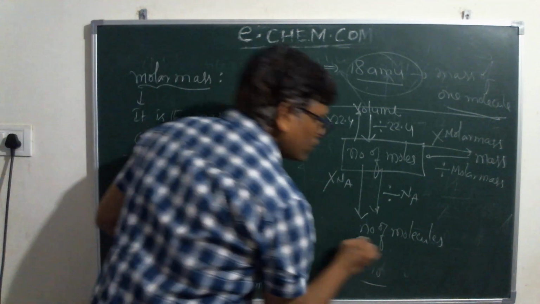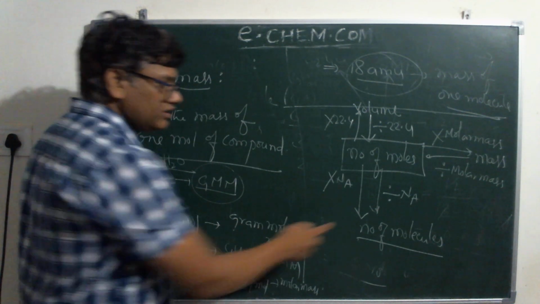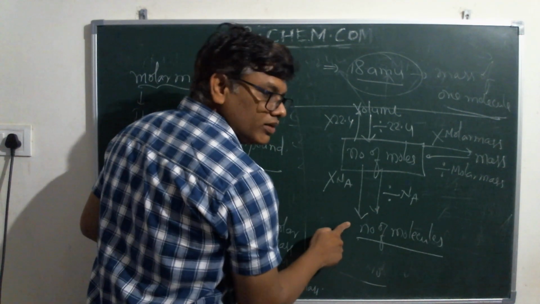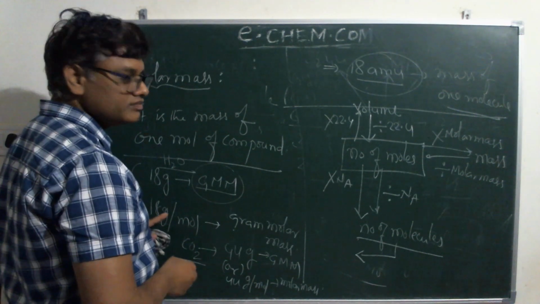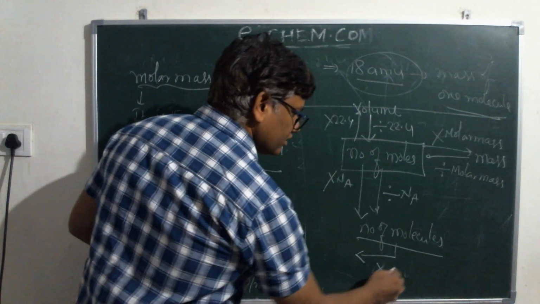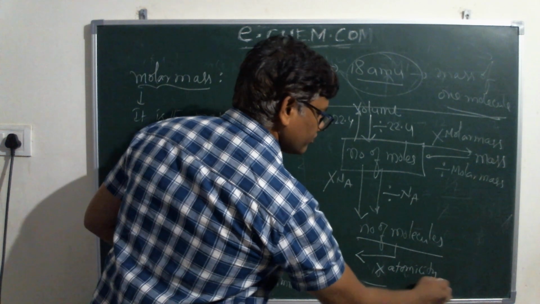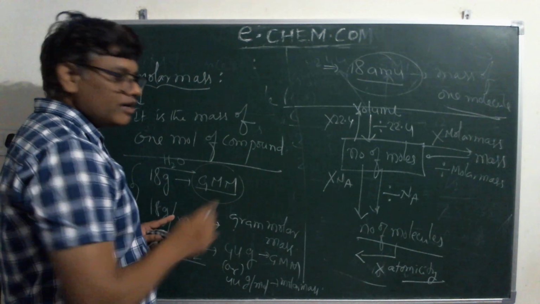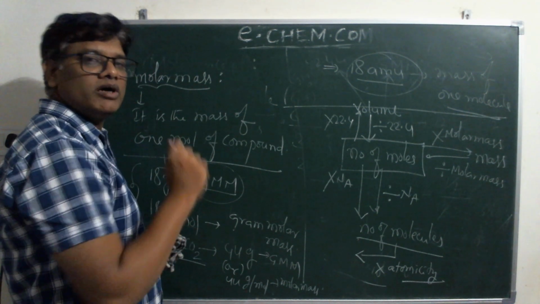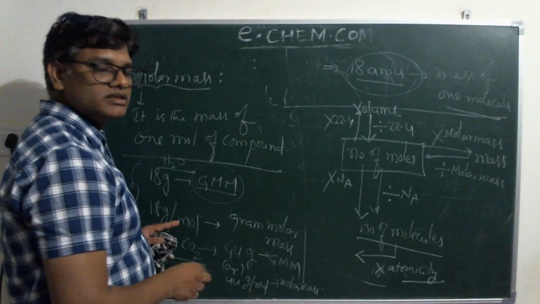Suppose you want to calculate the number of molecules for the given composition. From this we can calculate the number of atoms by multiplying by the atomicity of the particular molecule. Atomicity is nothing but the number of atoms per molecule. We need to count it, then you have to multiply.